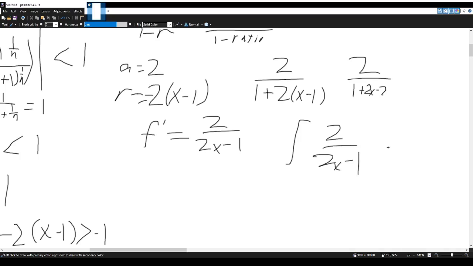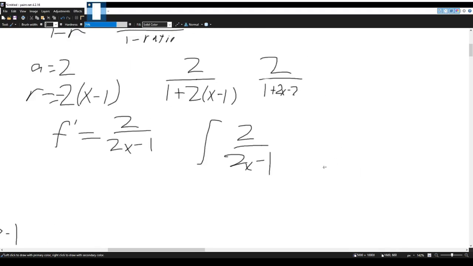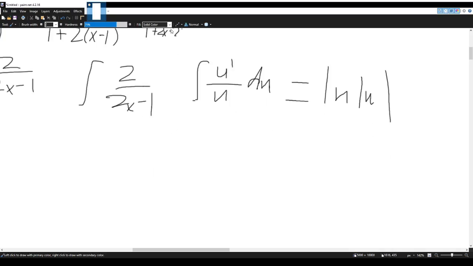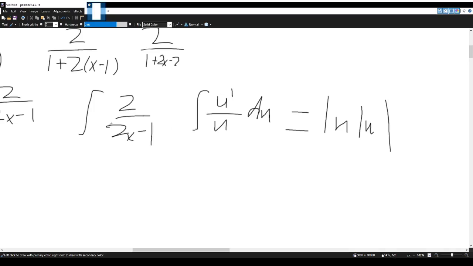Now, luckily, this is in a form that I recognize, which is the integral of u prime over u du equals ln u. So here we have 2x minus 1 on the bottom, and we have the derivative of that on top.